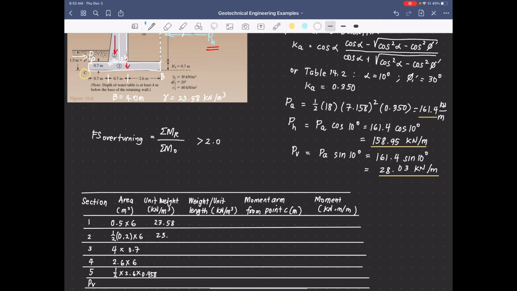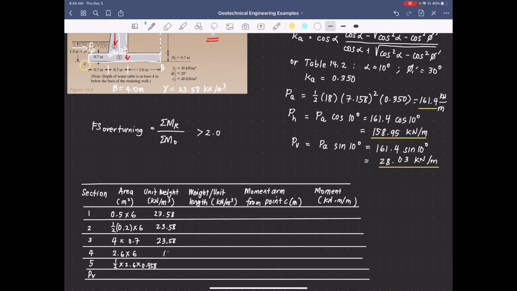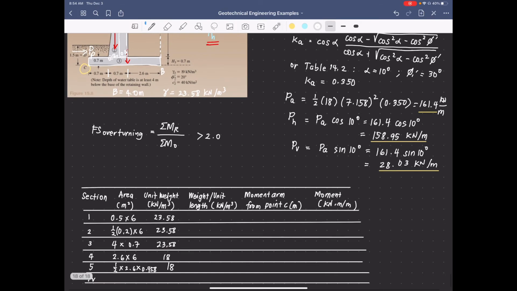We also have 23.58 here and 23.58. And the 4th and 5th sections would be 18 and 18. Okay, let me check this one. This is the weight per unit length, so it should be meter only.